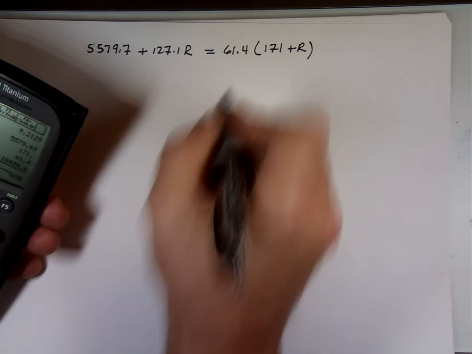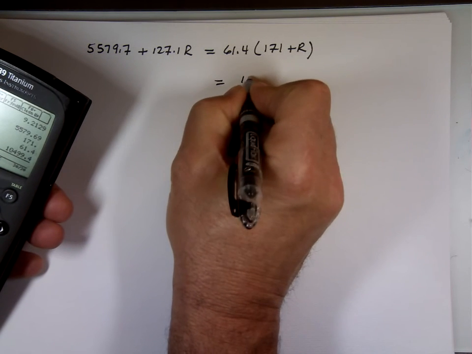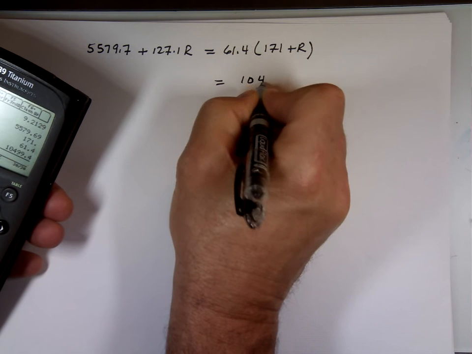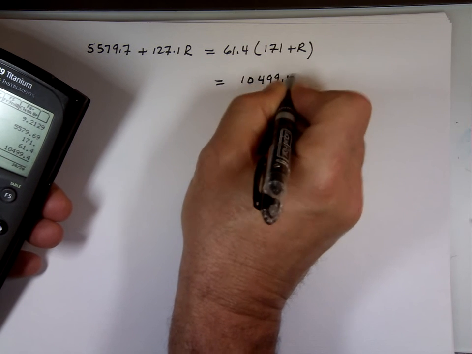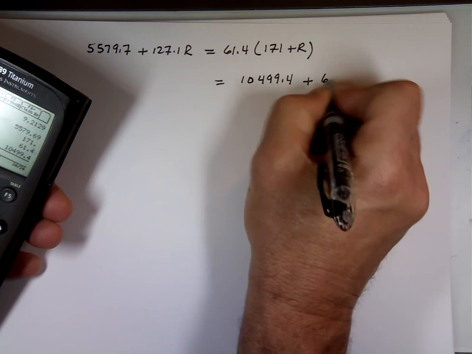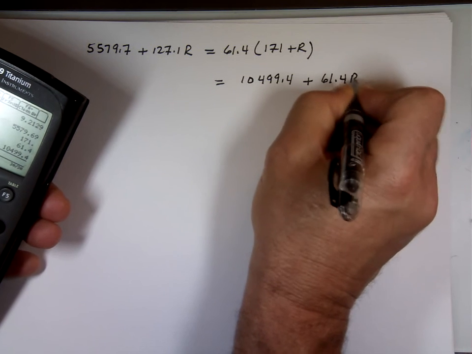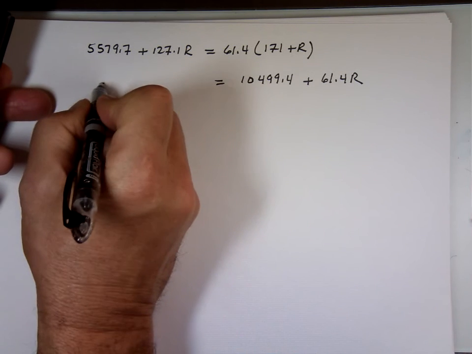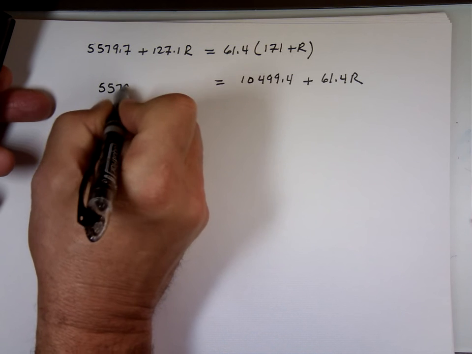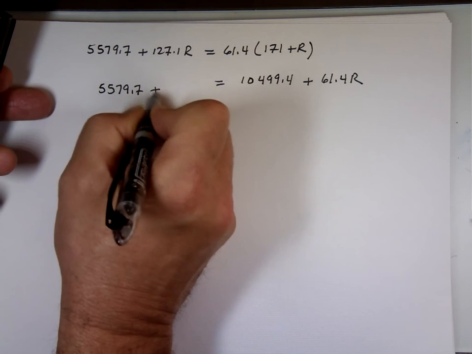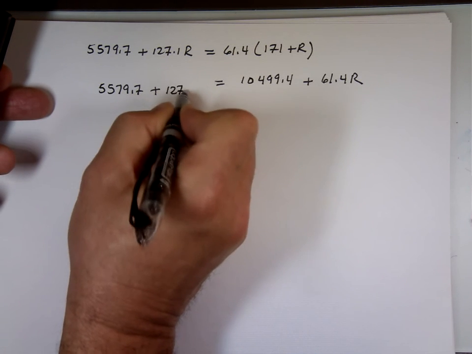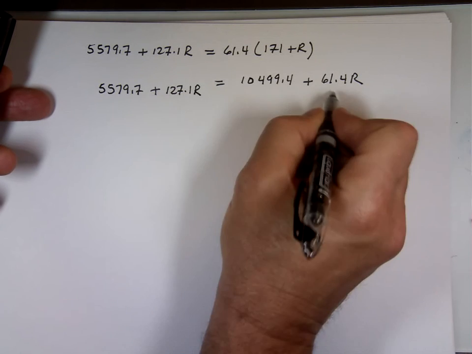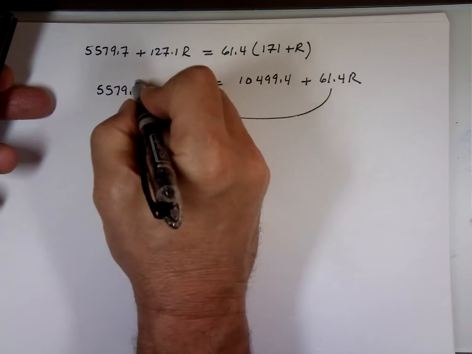So I have 10499.4 plus 61.4R equals 5579.7 plus 127.1R. All the R's on one side, all the numbers on the opposite side.